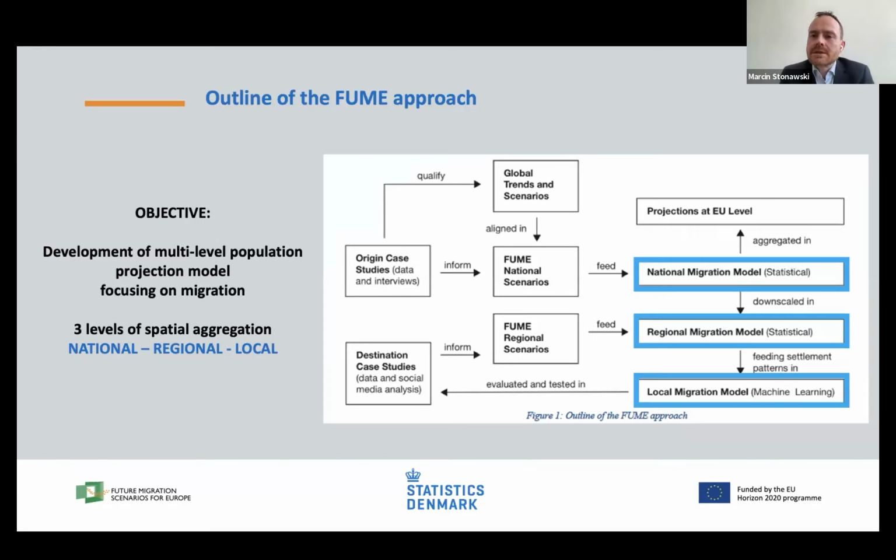Then we have the regional models that can give us information about distribution and changes because of migration in different regions of the countries. But we have as well the local projections.